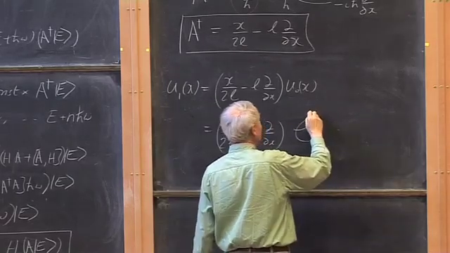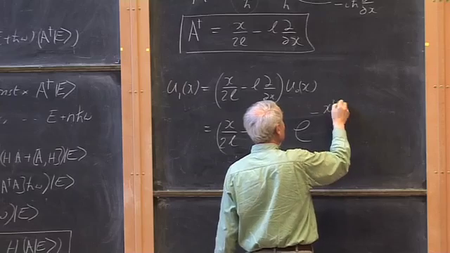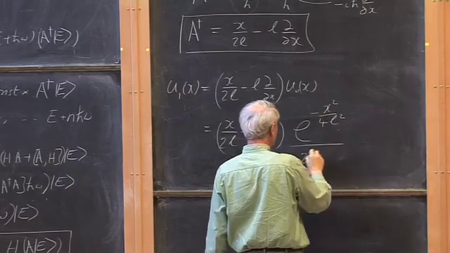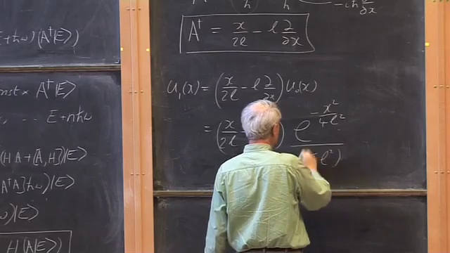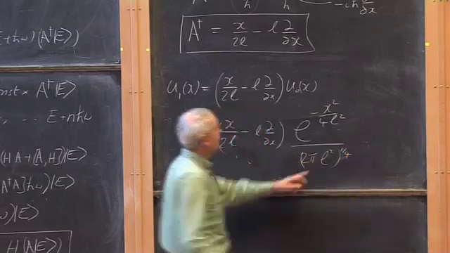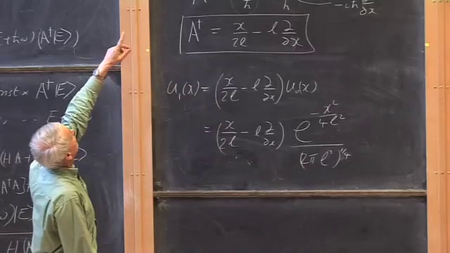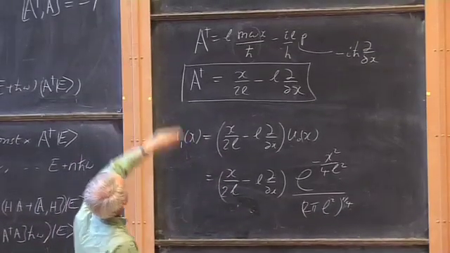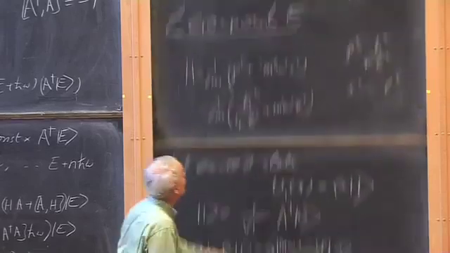Its business end is e to the minus x squared over 4L squared, and under here I have to have a 2 pi L squared to the 1/4 power. This factor comes in from the normalization constant, so just to see where that comes from.